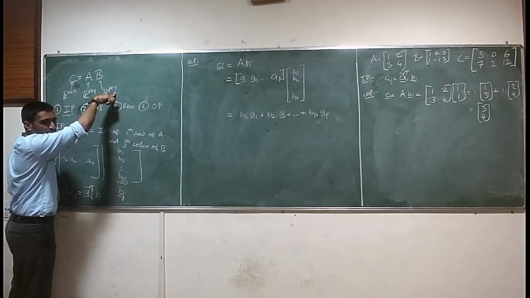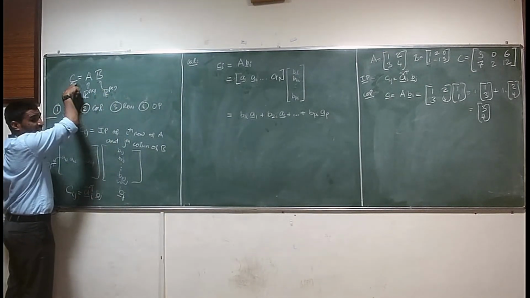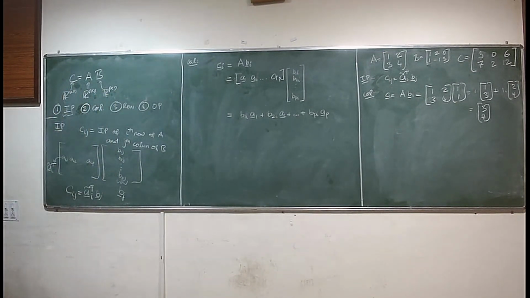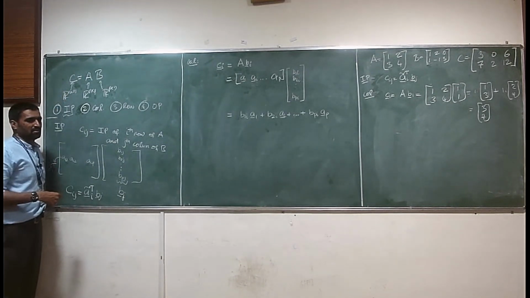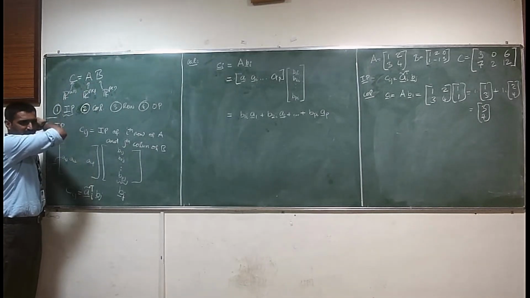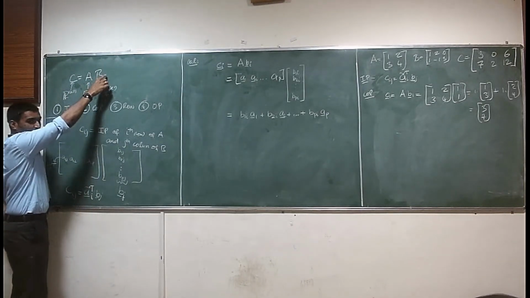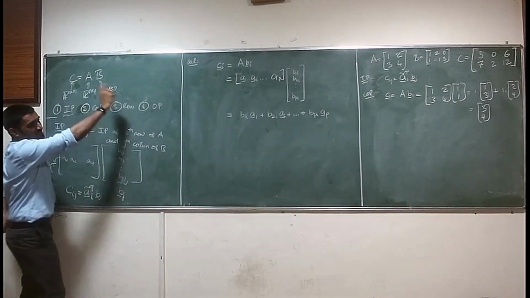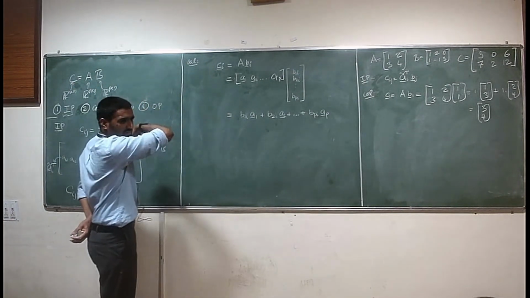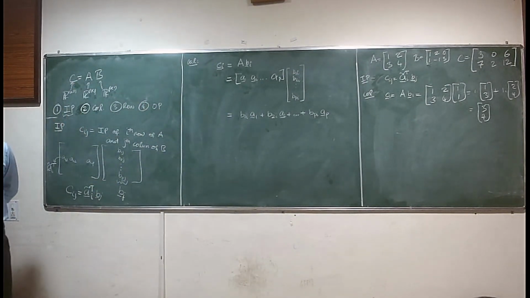Would you have to do the full matrix multiplication to get the 100th column of C? What would you do? You still need A, right? You take the 100th column of B and you simply do this to get the 100th column. Is that clear? Okay.